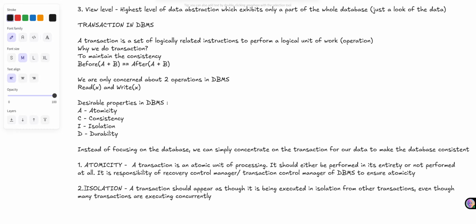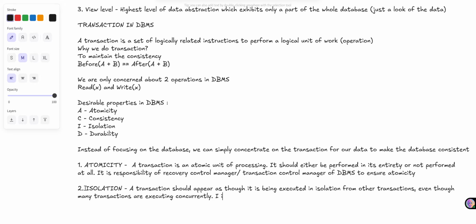So this is what isolation is. Now, whose responsibility is it to ensure the isolation? For atomicity, we said that it is the function of the transaction control manager. Then whose function is it to maintain the isolation?